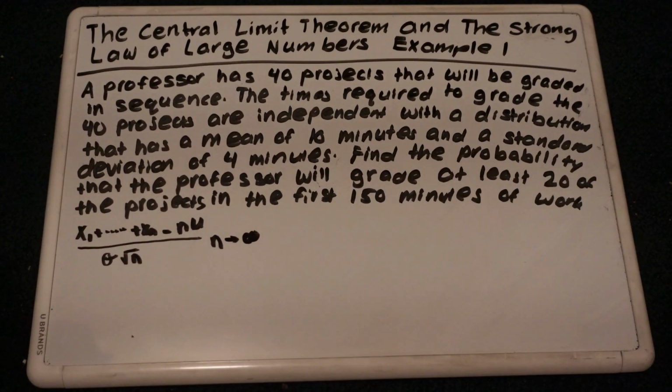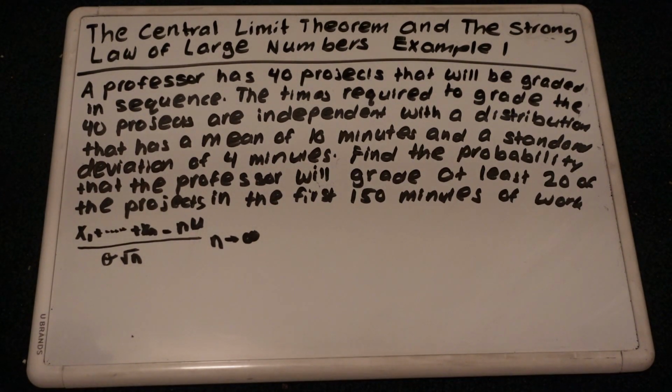Basically, let X1 all the way to Xn be a sequence of independent and identically distributed random variables, each having a mean mu and a variance. So it would be this formula that tends to the standard normal distribution as n approaches infinity.